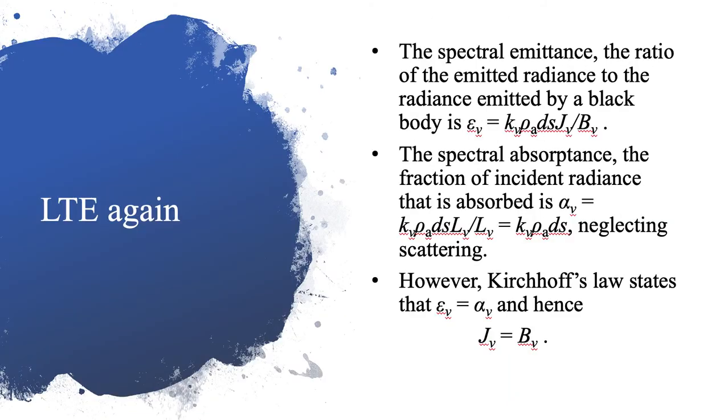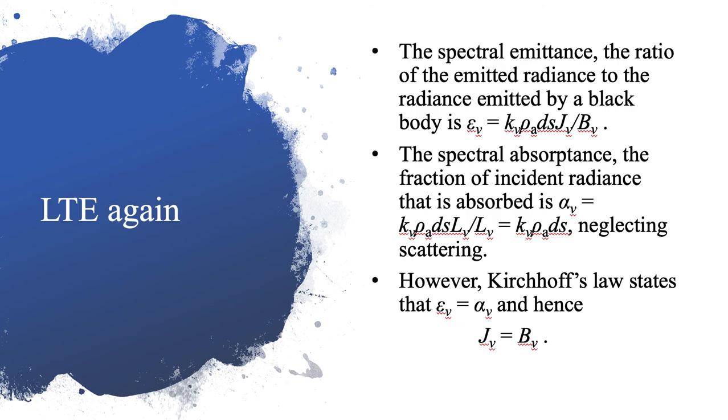Last few slides, I wanted to mention a couple of things. First, if you remember, at the beginning we talked about Kirchhoff's law that said that at local equilibrium, the emittance and the absorptance of a medium had to be the same.